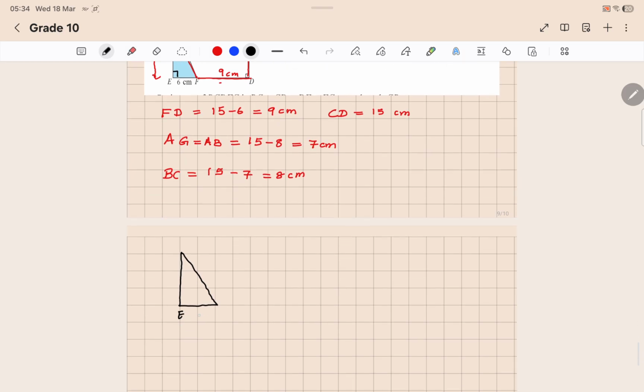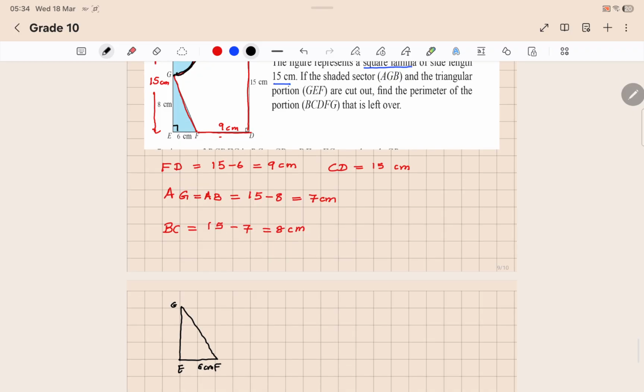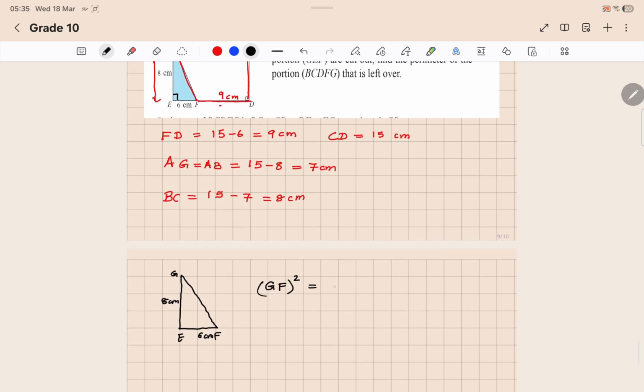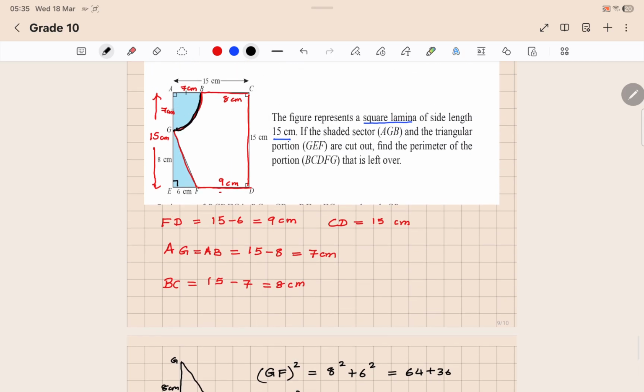EF is 6 centimeters. EG is 8 centimeters. We need to figure out the GF length. So GF squared is equal to 8 squared plus 6 squared. So that is 64 plus 36. So GF squared is 100. So then GF is 10 centimeters. So we have figured out GF also.